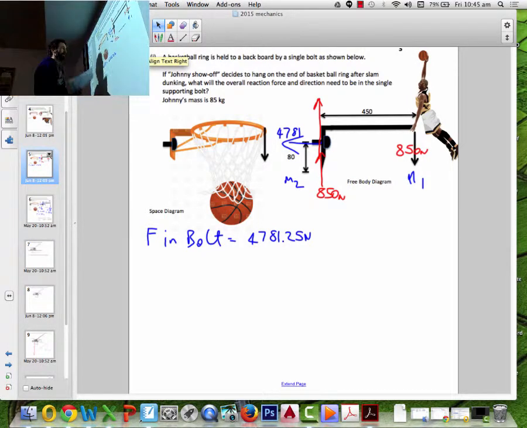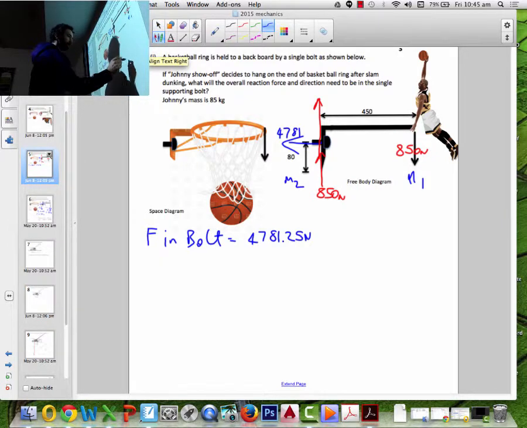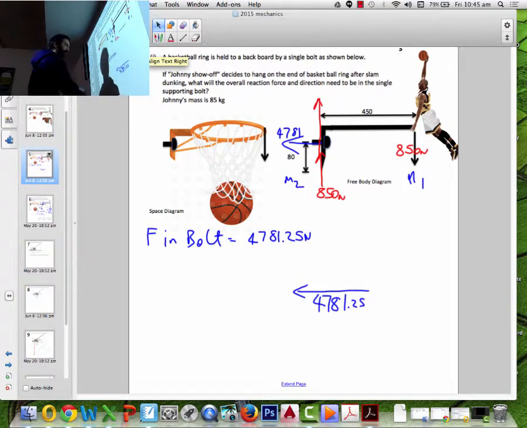I will demonstrate how you calculate the overall force on the bolt. The bolt has a horizontal component of 4781.25. The bolt also has 850.